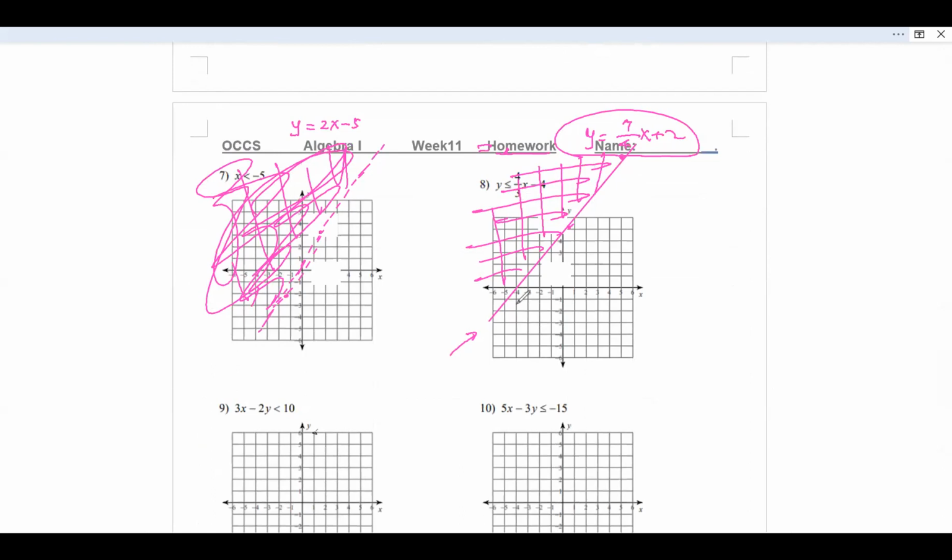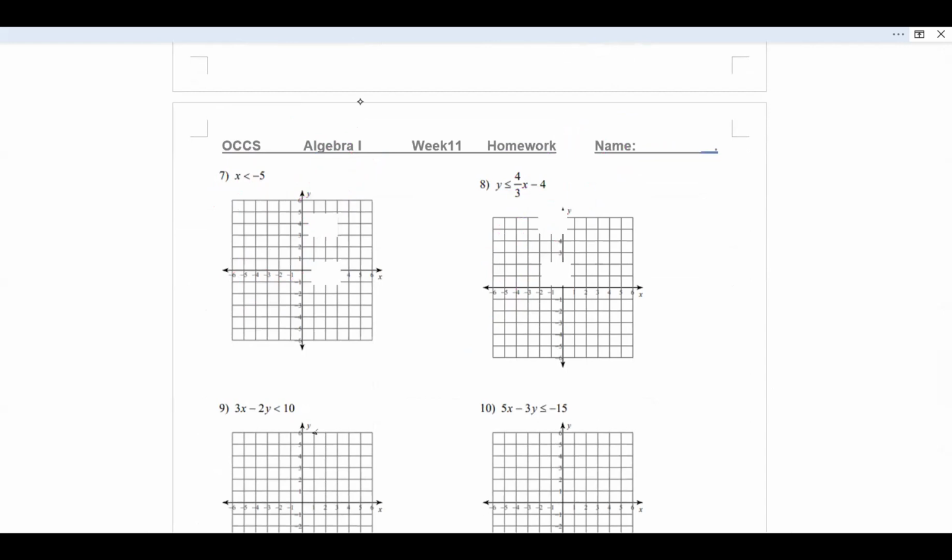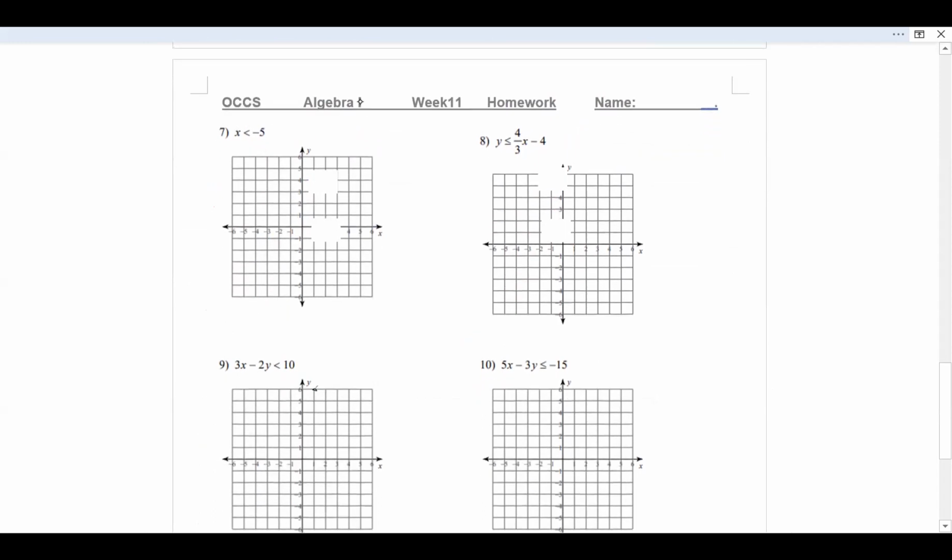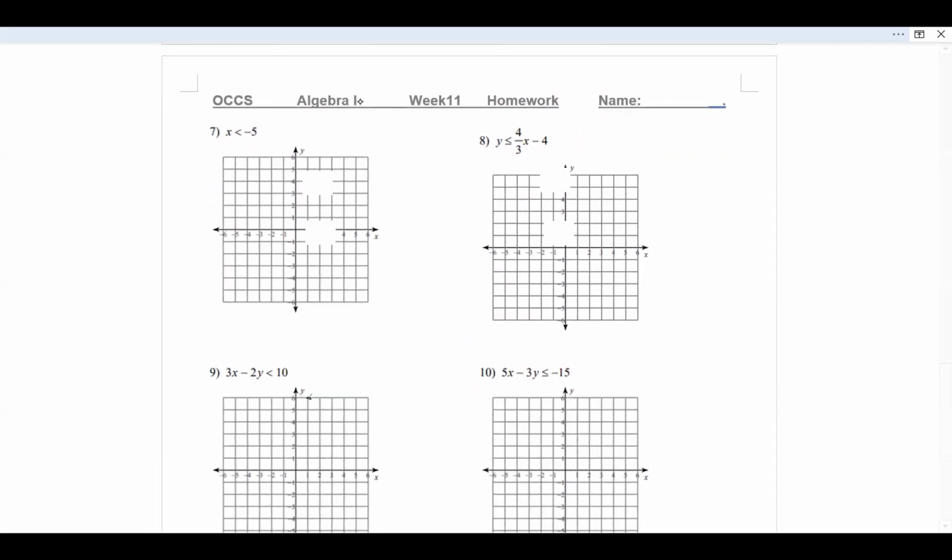All right, let's move on. Oh, something is wrong here. There are two blank dots in the graph. All right, let's see this one. Doesn't matter. First we change it to x equals negative 5. So it's actually right here, right? We use the dash line first because they are not including it.